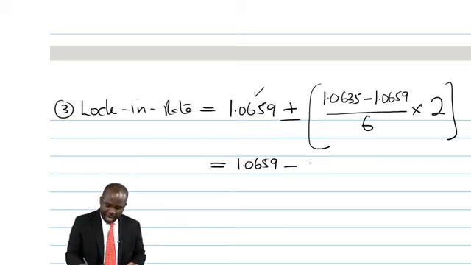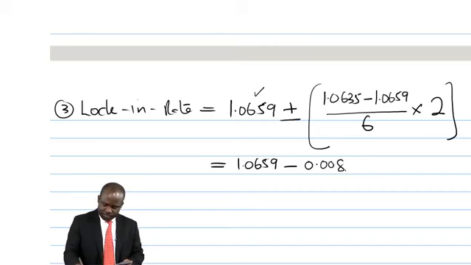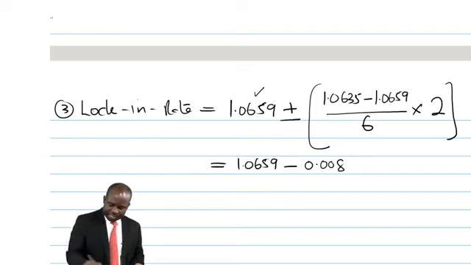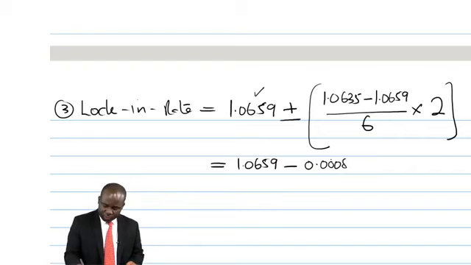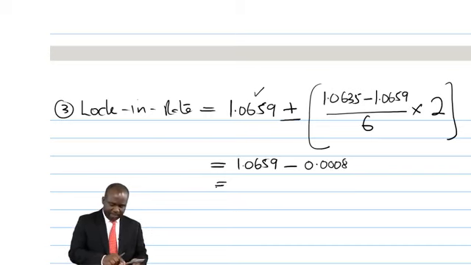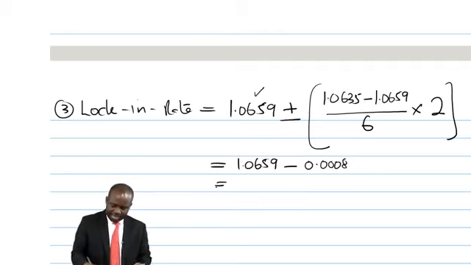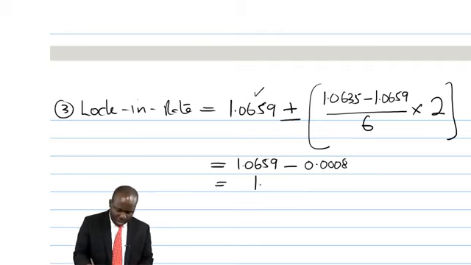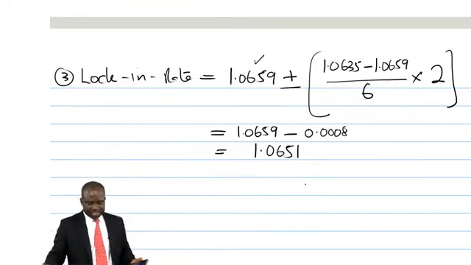So I'm going to have 0.0004 and then plus 1.0659, and that is simply giving me 1.0651. So this is the lock-in rate.